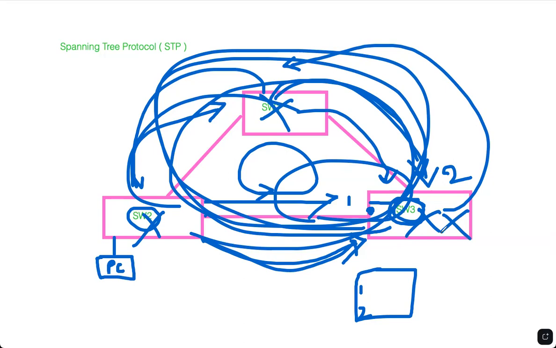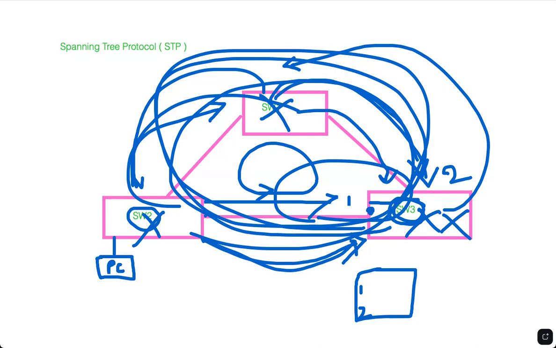So to avoid this condition, first of all, we don't want loops in the network. But for some reason, if we did something like this, we want an automatic mechanism to avoid the loop without any manual configuration. If an engineer makes a mistake like this by connecting a loop network, we want spanning tree to come into the picture and avoid the loops in the network.